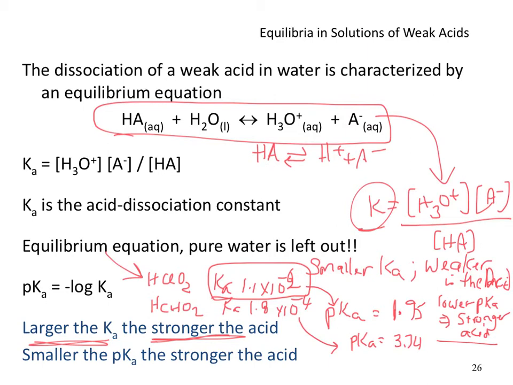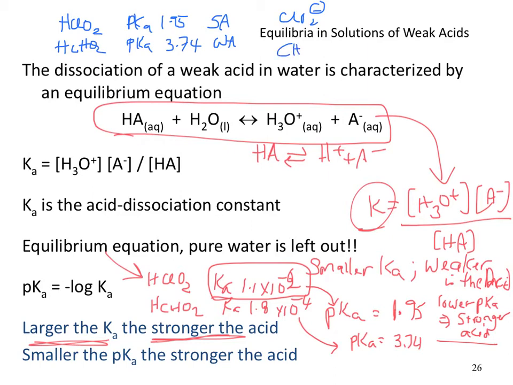If we just determined that HClO2 pKa was 1.95 and it was a stronger acid than formic acid, which has a pKa of 3.74, so that was the weaker acid, what can you comment about the basic strength of ClO2 negative and formate?